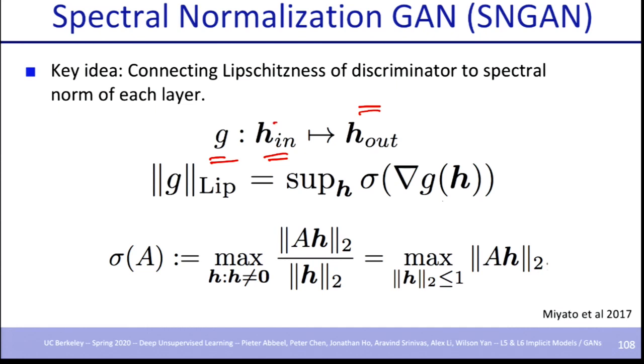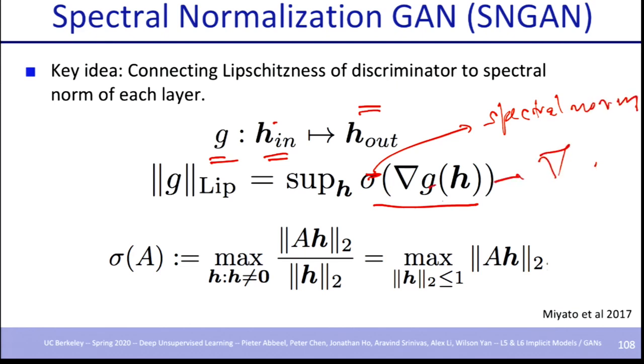And you could define the Lipschitz constant of a particular linear transform as this particular term, which is the spectral norm. And this is your gradient with respect to your input. G is some layer which takes in h_in, puts a weight matrix and a nonlinearity, and outputs h_out.